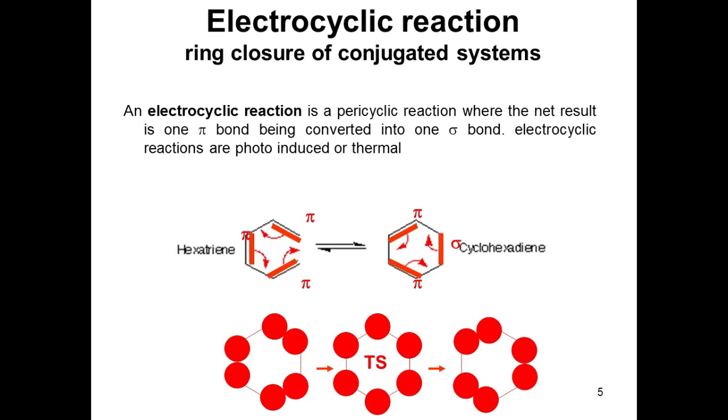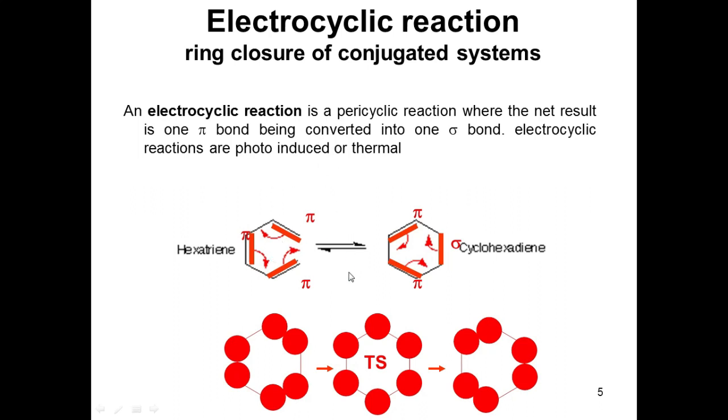An electrocyclic reaction is a pericyclic reaction where the net result is one pi bond being converted into one sigma bond. Electrocyclic reactions are photo-induced or thermal.